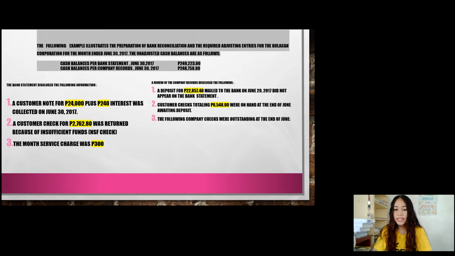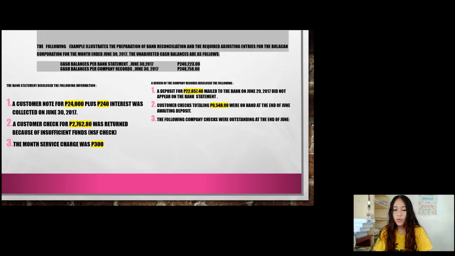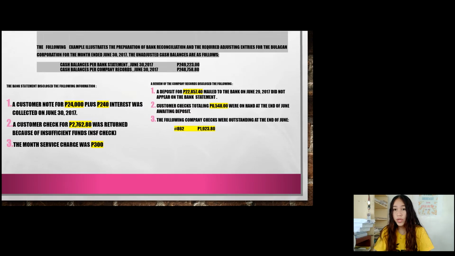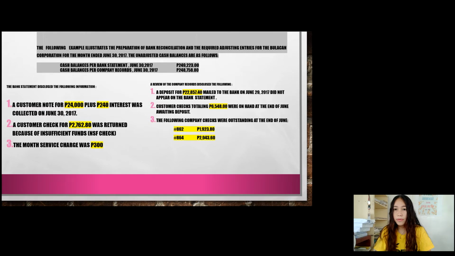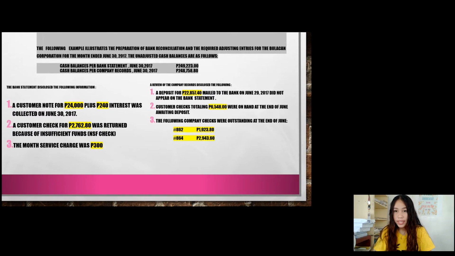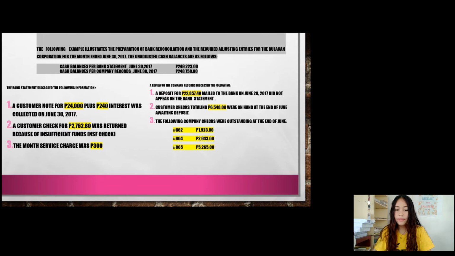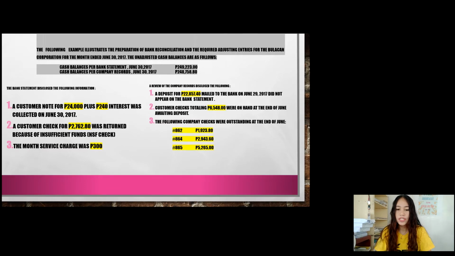Third, the following company checks were outstanding at the end of June: check number 862 amounting to 1,923.80 pesos, check number 864 amounting to 2,943.60 pesos, and check number 865 amounting to 5,265 pesos.